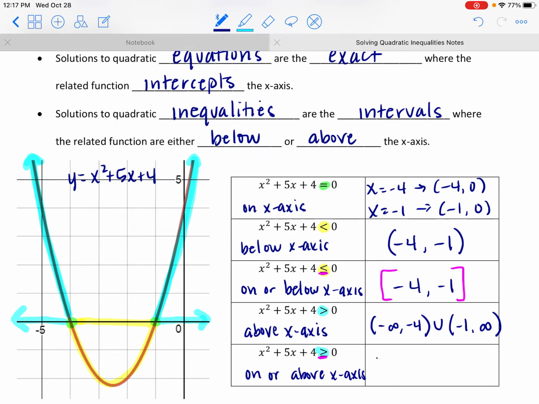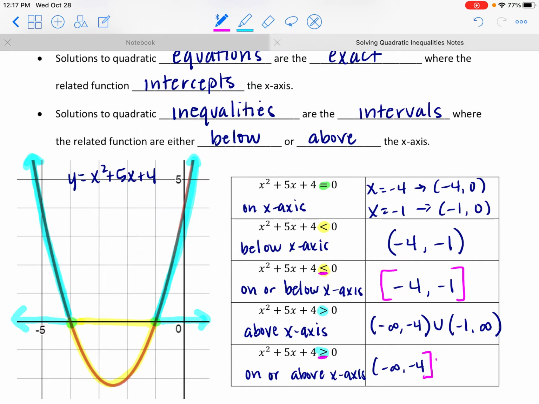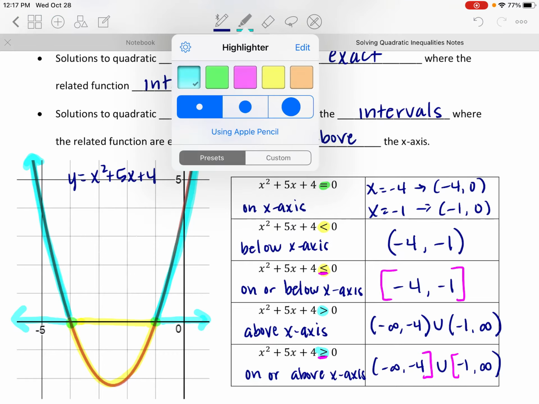So we have still -infinity, then -4, but now we can include the -4. And then again, we can now include the -1. So if we have the equal to in there, then we can include them. So just be careful with those.